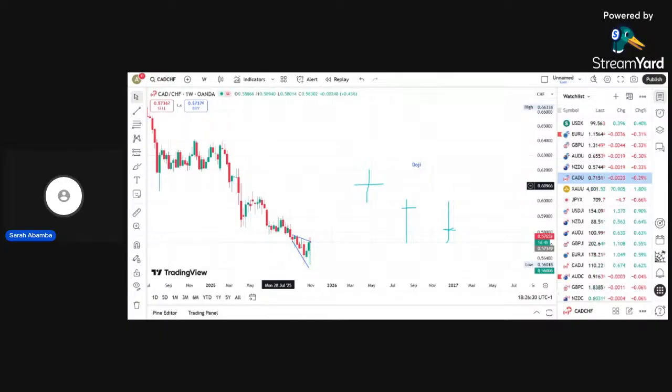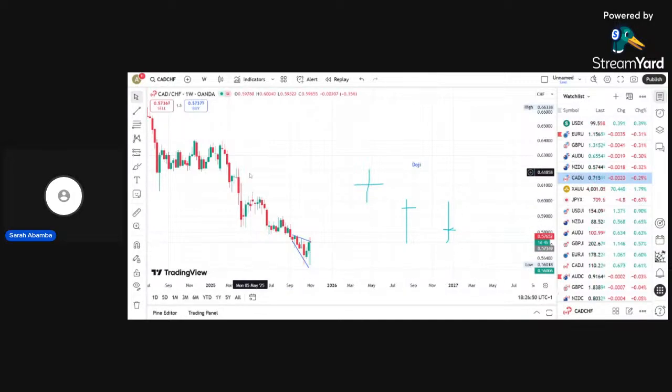If it is formed at resistance, it means the market is coming down, so you place a sell order. That is how it works. So the bullish doji is like this, and the bearish doji is like this.